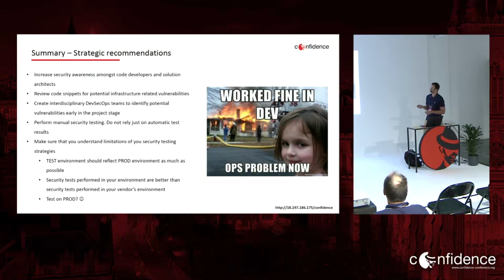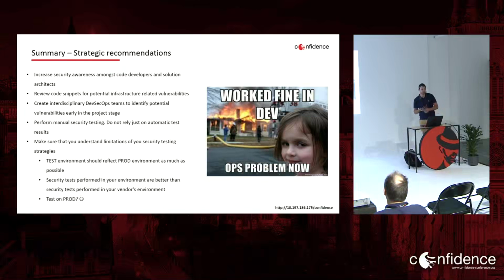Quite an obvious one: if you run a DevOps team, make it a DevSecOps team, so you can identify all the vulnerabilities in the early stage of the project. Obviously, you should also perform a lot of manual security testing. It should probably be considered to perform it in the final or ultimate environment.